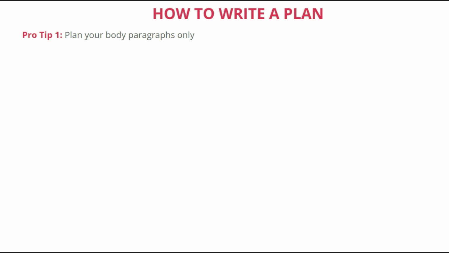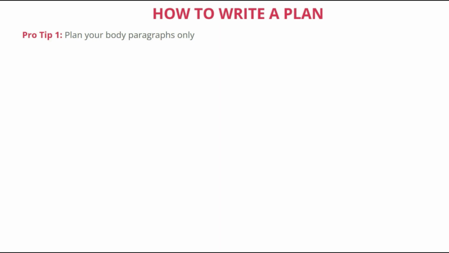You also do not need to plan a conclusion because in the conclusion, you'd normally only summarize the ideas from your body paragraphs. So you don't need to come up with ideas for your introduction and your conclusion. You only need to come up with ideas for your body paragraphs. And that's why you plan your body paragraphs only.